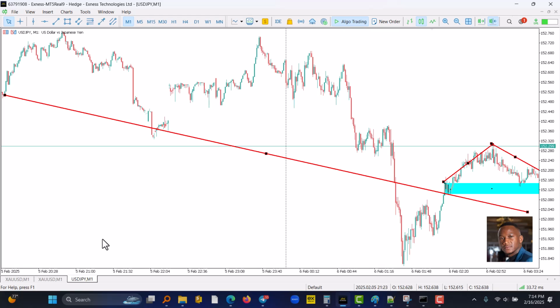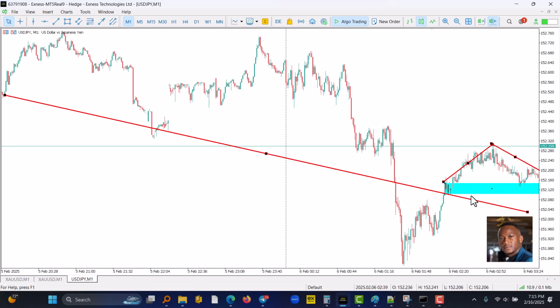So here it's kind of conflicting, because we are in a selling market, but we are getting a formation of a buy arc.